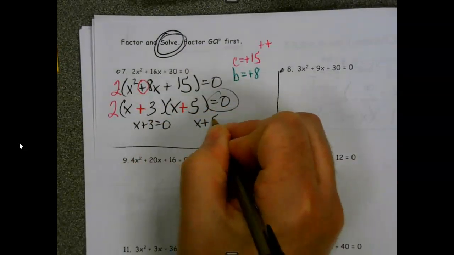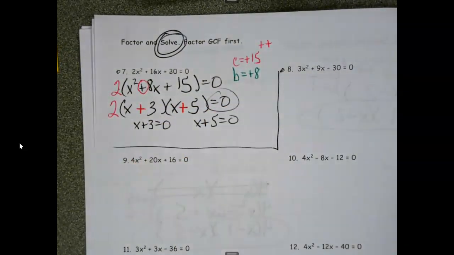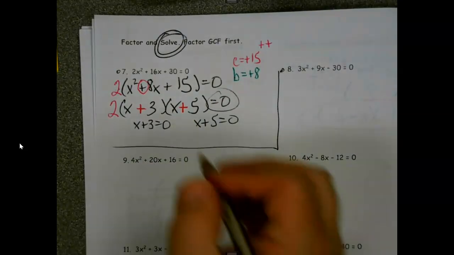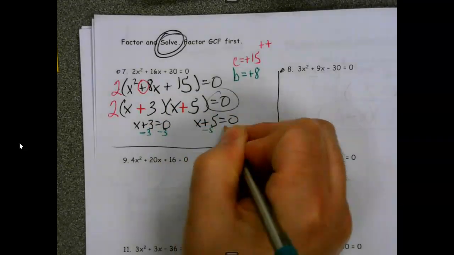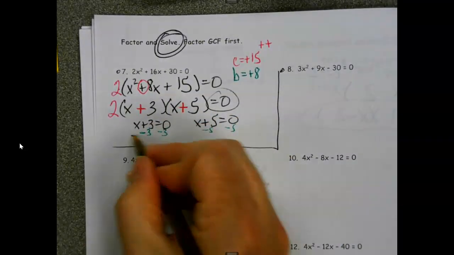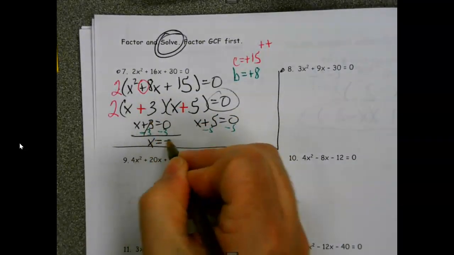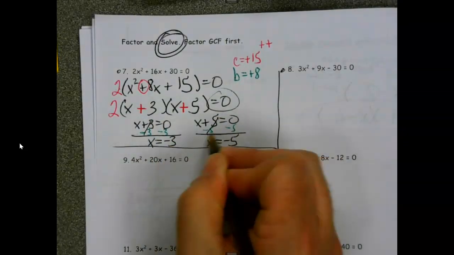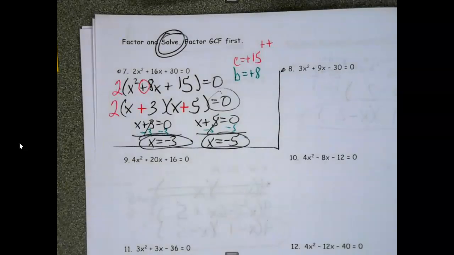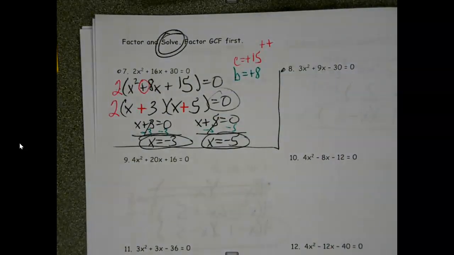Only those places that have x, so the parentheses, get the zeros. And whether I do sign flips or I do my little mini equations, any of them are going to work out fine for me and get me set with those.